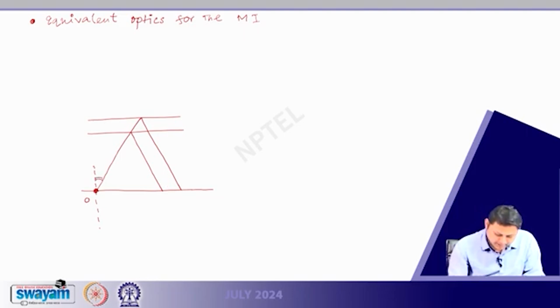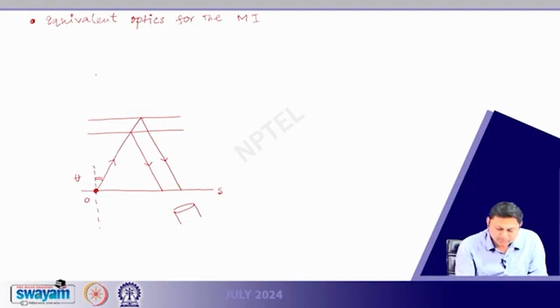Say this is the angle theta, the ray goes here and comes back like this, and here we can place our instrument which captures this interference pattern. Virtually one can see this, because this mirror is virtually placed like this, the dotted line.